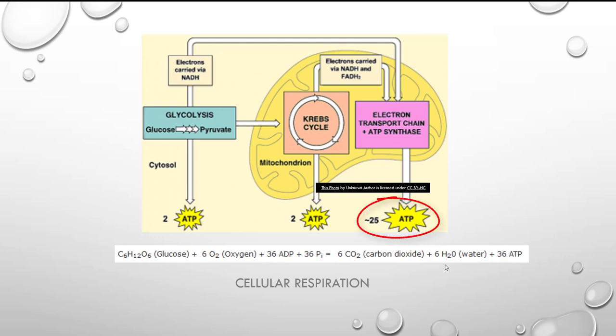We end up with the final electron acceptor being oxygen, which picks up all those electrons to form water. And then we end up with a bunch of ATP. So there's our overall equation of where everything was inputted and outputted.